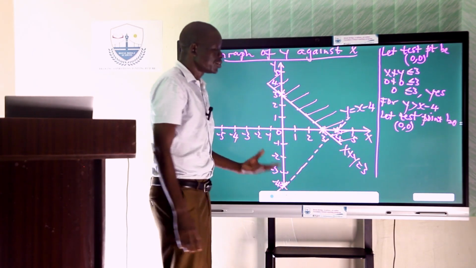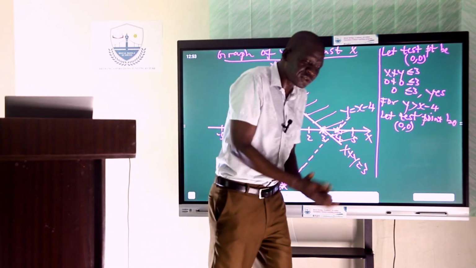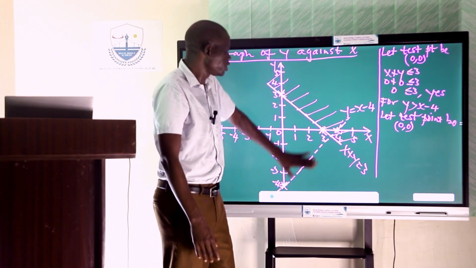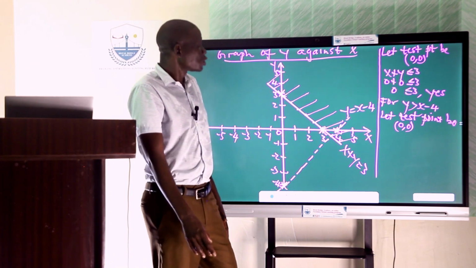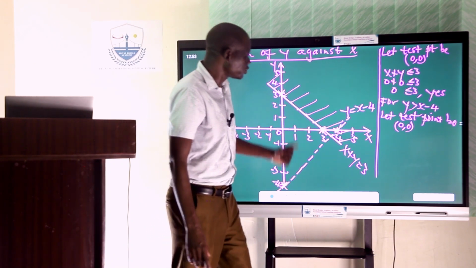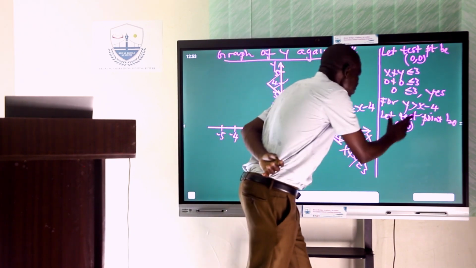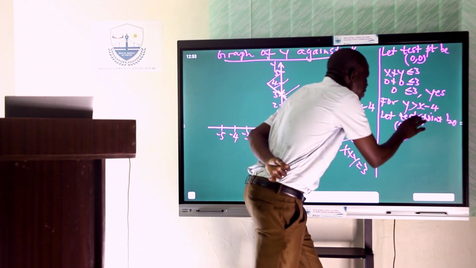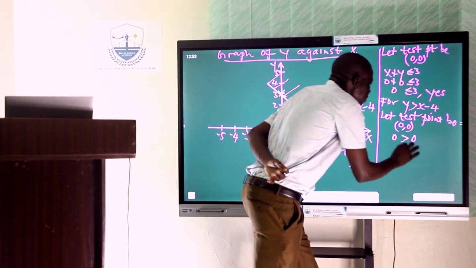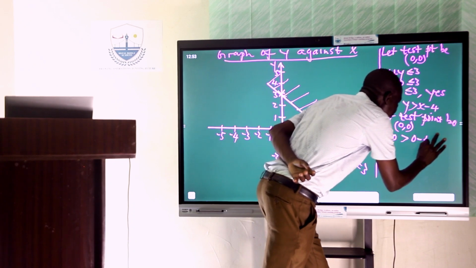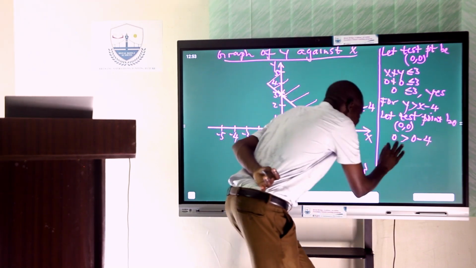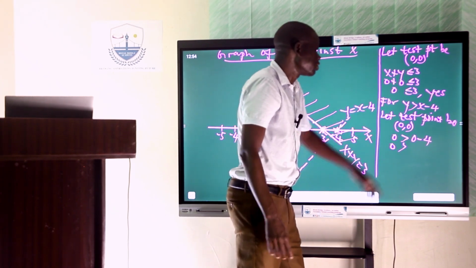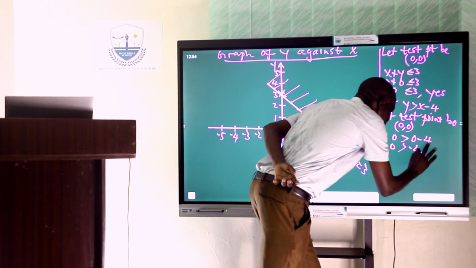We normally use 0, 0 because when we substitute 0, 0, we can easily get the answer. But you can use any point within the Cartesian plane. When we substitute, where there is a y, we put 0, is greater than where there is an x, we put 0, then negative 4. On this side, we shall have 0 is greater than 0 minus 4, which is negative 4.